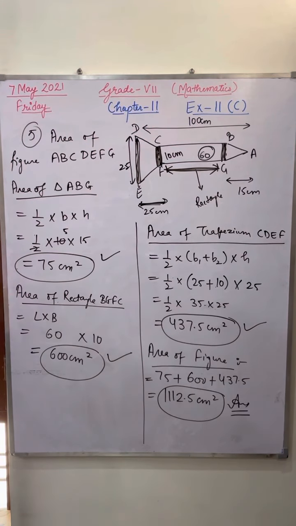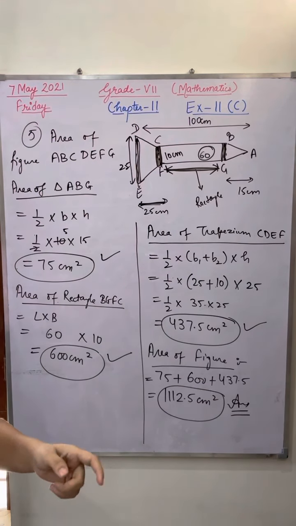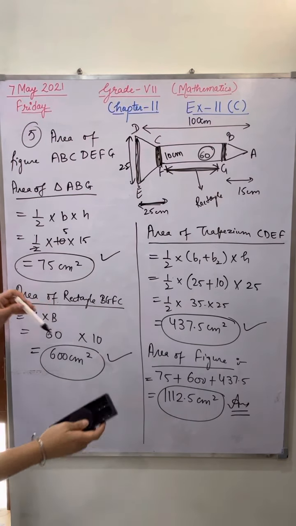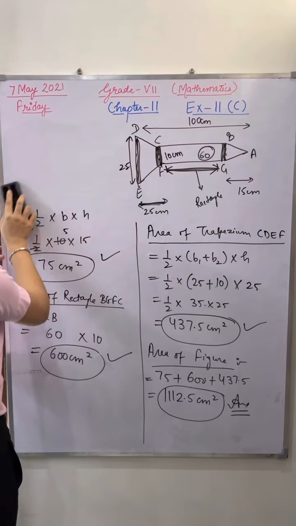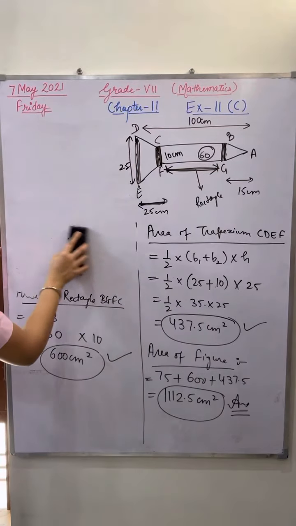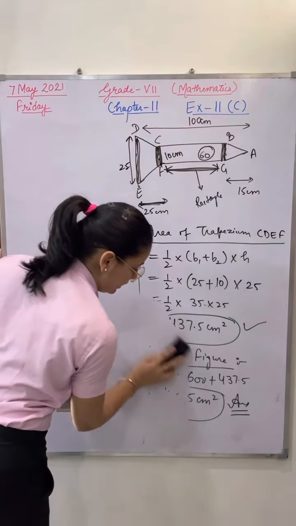Now, after this fifth question, I'm going to start question 6. Till the time, read out the question quickly. What the shape is given and how you will take out the areas. How you can split the shape. Read out the figure quickly, and how we can split, and how we can take out the area.